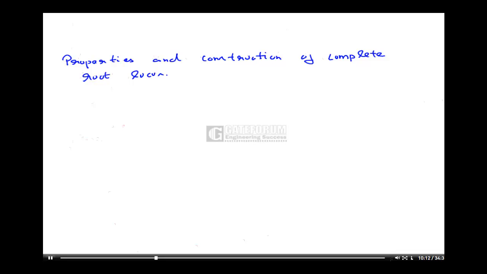Now we will see the properties and the rules for construction of the complete root locus. Just write property number 1.